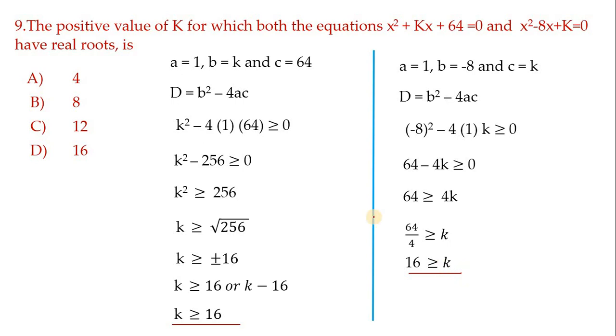But what they are saying is the positive value of k for which both the equations hold, which means k value is 16 or greater than 16 here, and 16 or less than 16 here, but 16 is common in both. Hence the correct option is D.